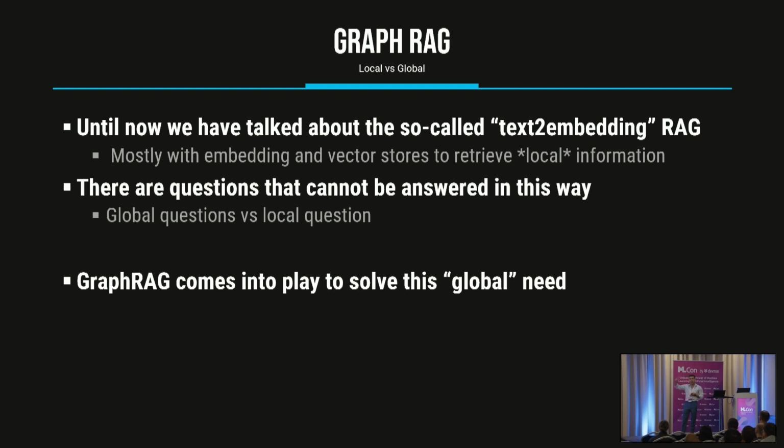But global questions, like how many films are similar to Titanic, are not local. It's unlikely that you can find that specific answer in the knowledge base. But it's the relationship between the documents in the knowledge base that gives you the answer to this global question. And Graph RAG comes into play to solve this global need.